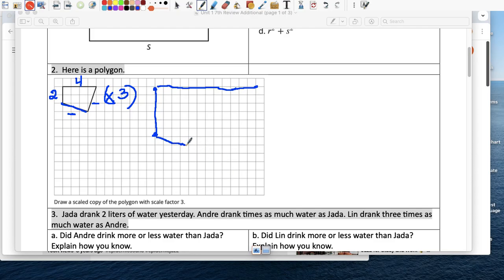We're going to repeat that again twice, and repeat that same thing 3 times. You have to count the diagonals. And then once that's done, the last two are much easier to connect. So this would be the scale copy with a scale factor of 3.